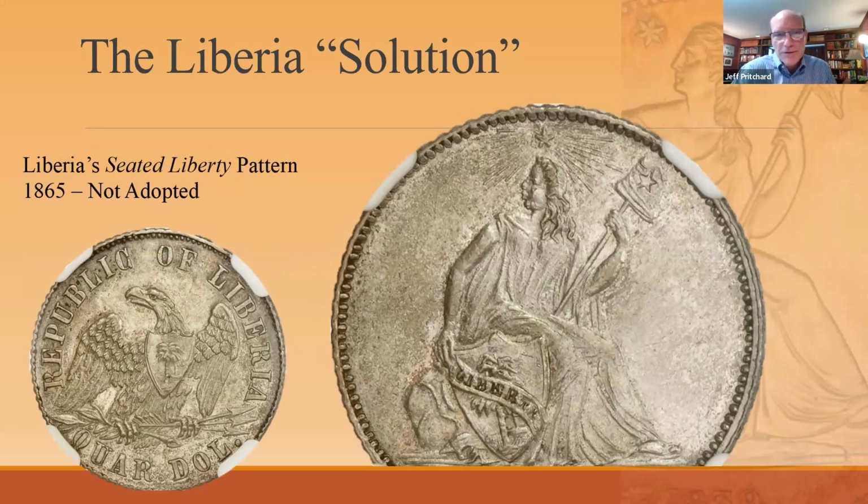Because you can see it's virtually a carbon copy of our own seated liberty coinage, which was kind of our silver coin of the realm during this period of time. And on the reverse, you can see an eagle. And on that shield on its chest, instead of the stripes like on the US reverse, you've got the palm tree. And if you look really closely, they've even tried to squeeze in that side paddle wheeler around that tiny space.